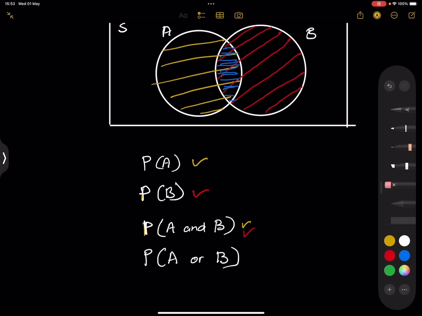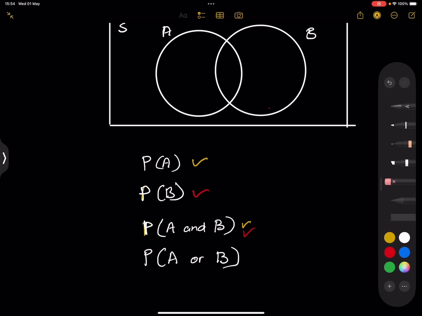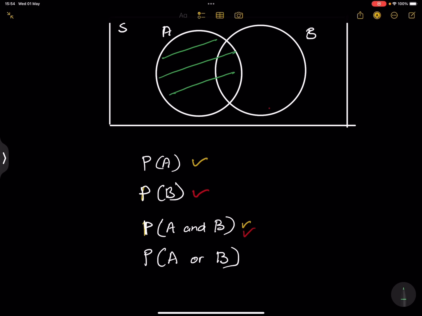Let me demonstrate it to you nicely. It is this entire space under the two circles combined. If I say A or B, it means I'm including both of them. So this would be it.